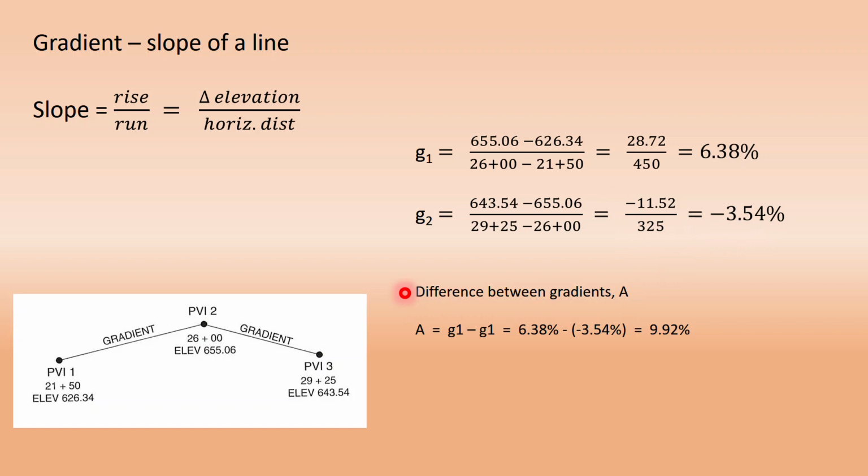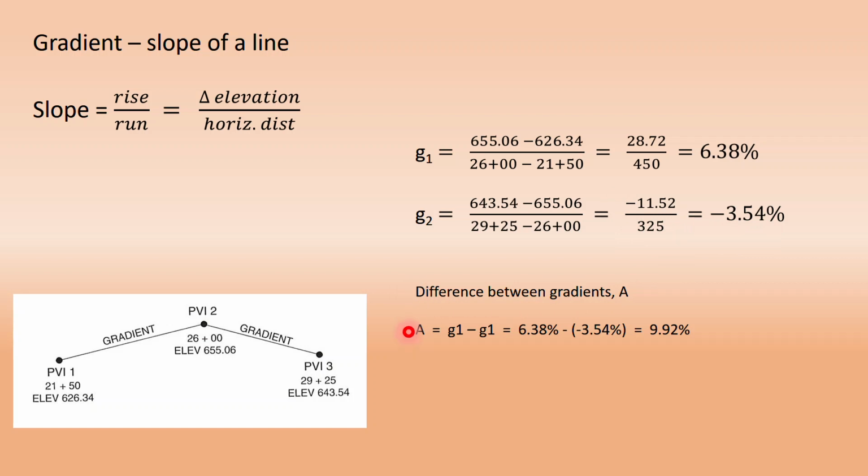Hickerson does call it A. I know I've referred to the Iowa Department of Transportation Survey Manual for a really good source of information on curves and spirals, and they also have a chapter on vertical curves. They refer to this difference between gradients as A.